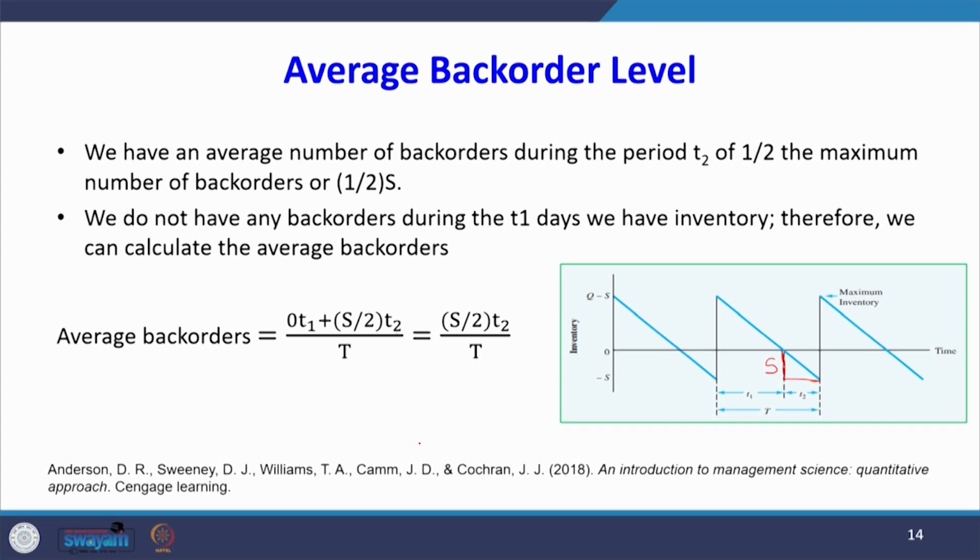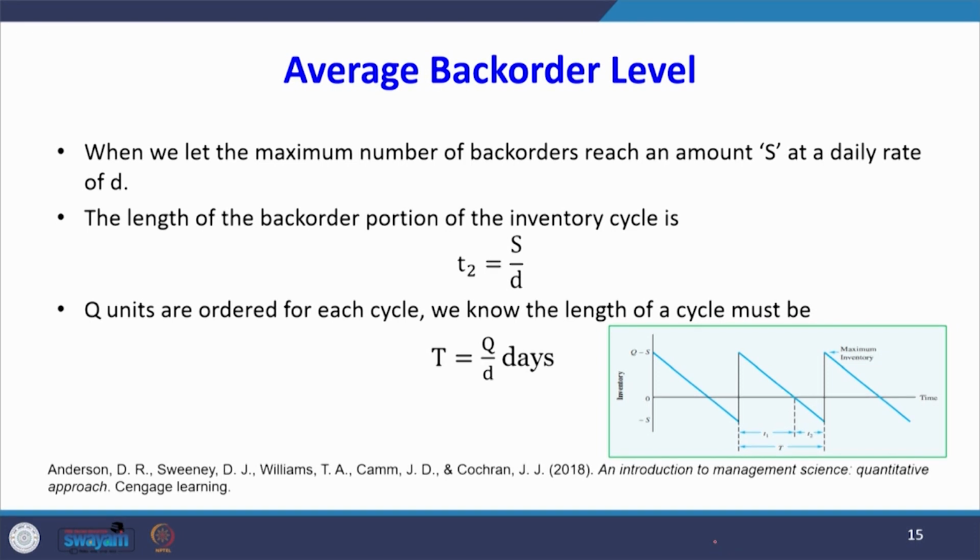Here also we are going to find the expressions for T2 and T in terms of Q, which we are going to substitute here. So, what is T2? We let the maximum number of back orders reach an amount S at a daily rate of D. So, D is the daily rate of shortages. The total number of back orders in units is the daily rate multiplied by T2.